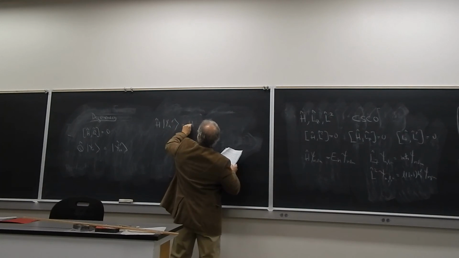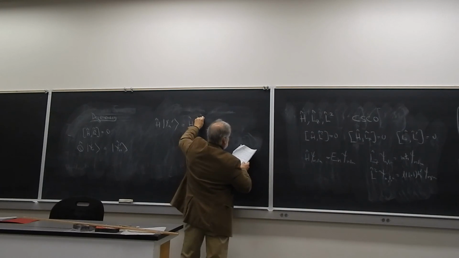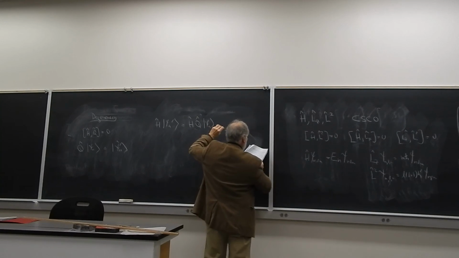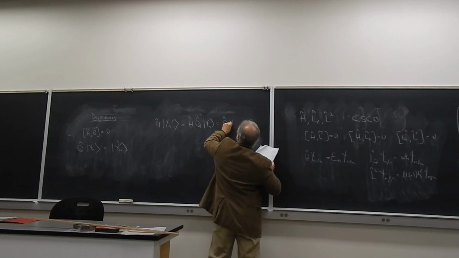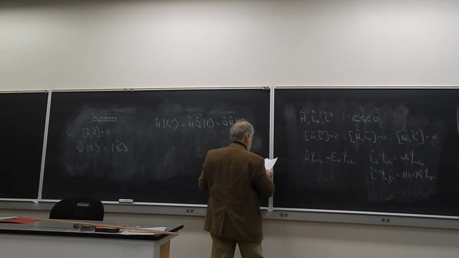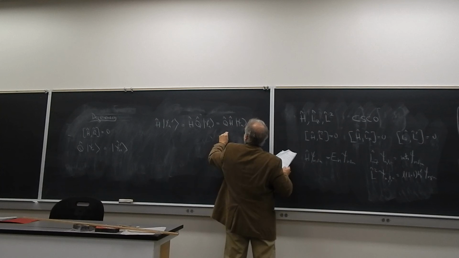I can write this as H times Q. I'm going to apply H to both sides, psi of n. And that's the same thing as QH applied to psi of n. Since these commute, H applied to psi of n is just E sub n.